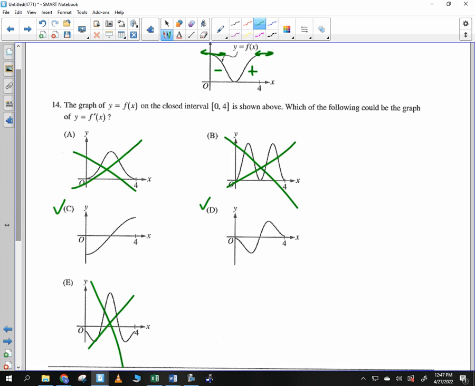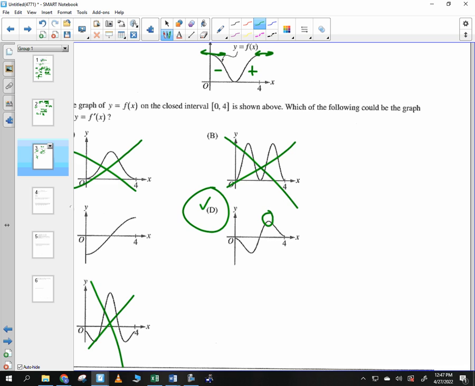You tell me when the slope is most positive. Right about there? So this one is most positive about 3/4 of the way through. See what I'm saying? So D is the only answer. The only other reasonable answer is C, but that's not correct.